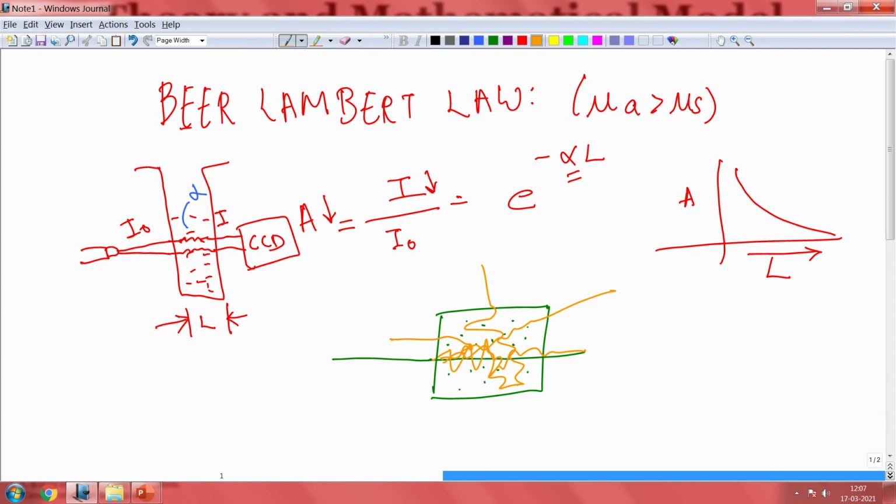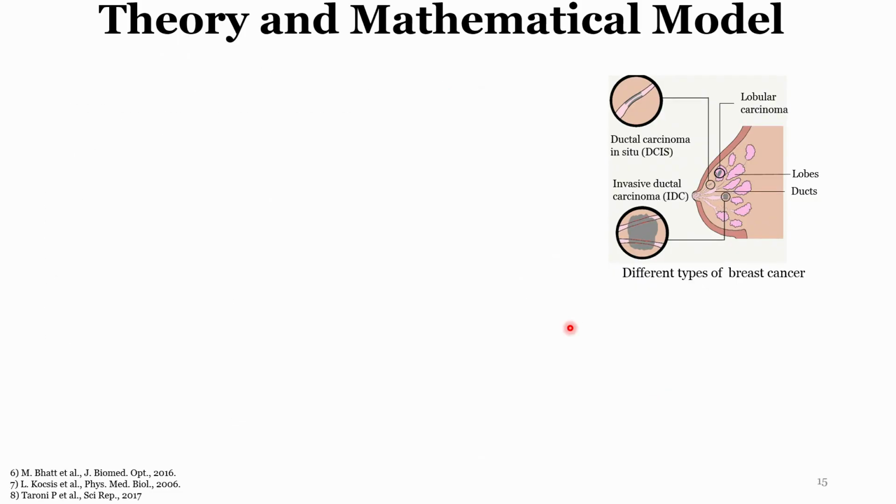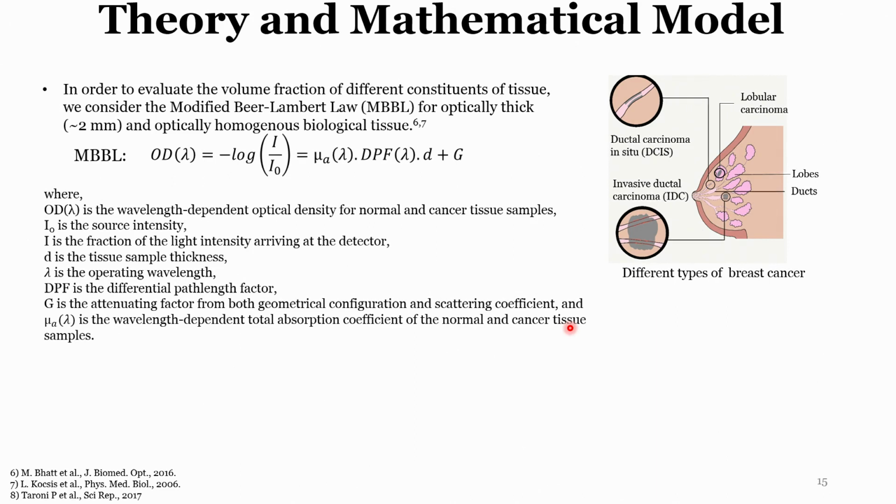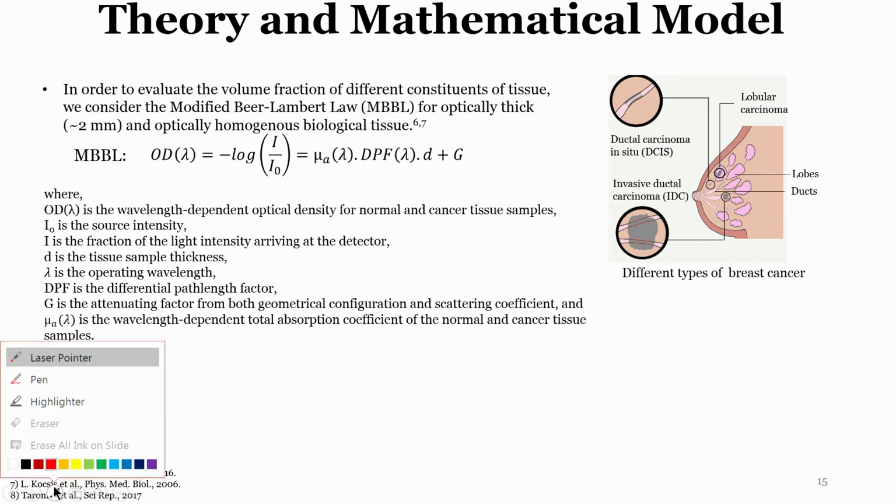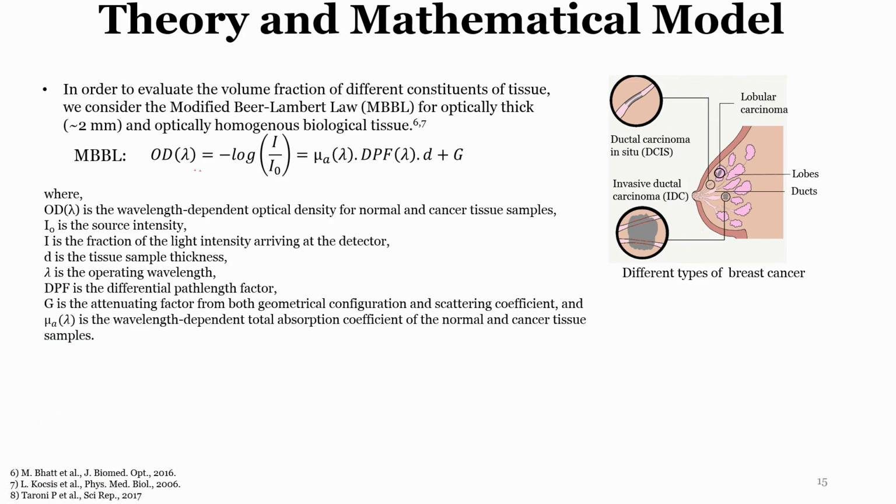So, which law is going to be better? What people did is they came up with a new law for optical propagation through tissues, and that is known as the modified Beer-Lambert law. Here you can see, we talked about I by I naught earlier, this is the attenuation.